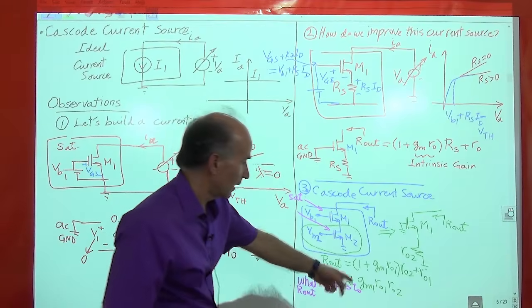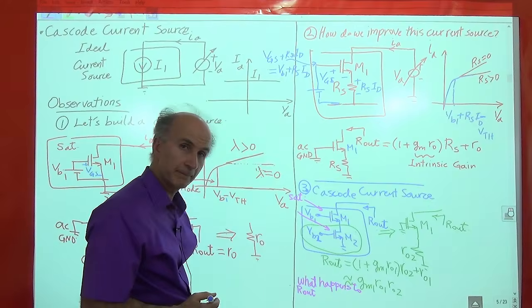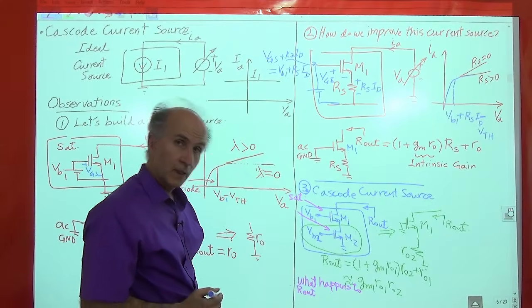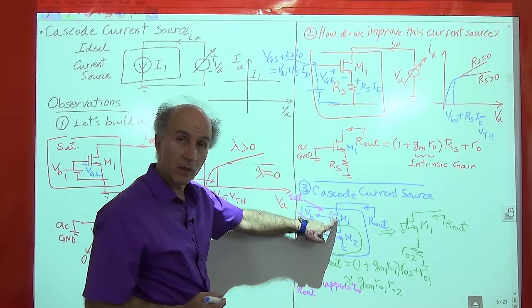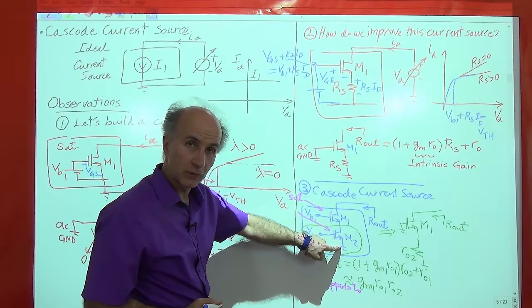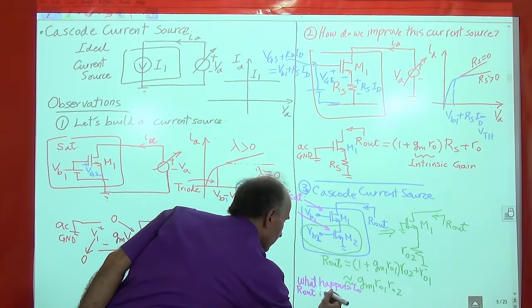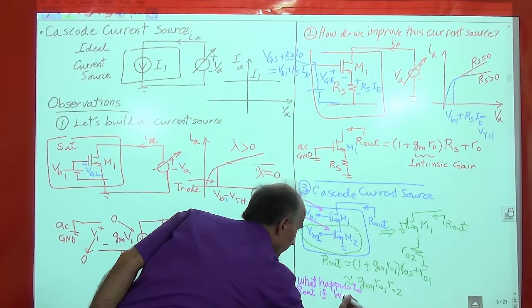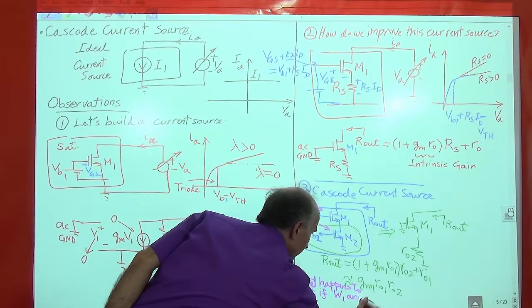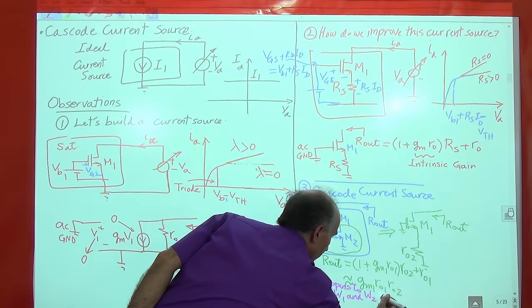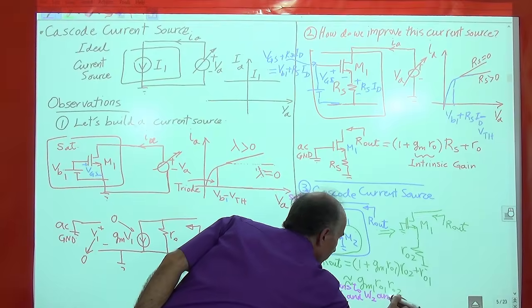You can use the approximation that we have. If the width of M1 and the width of M2 are doubled. So if W1 and W2 are doubled.